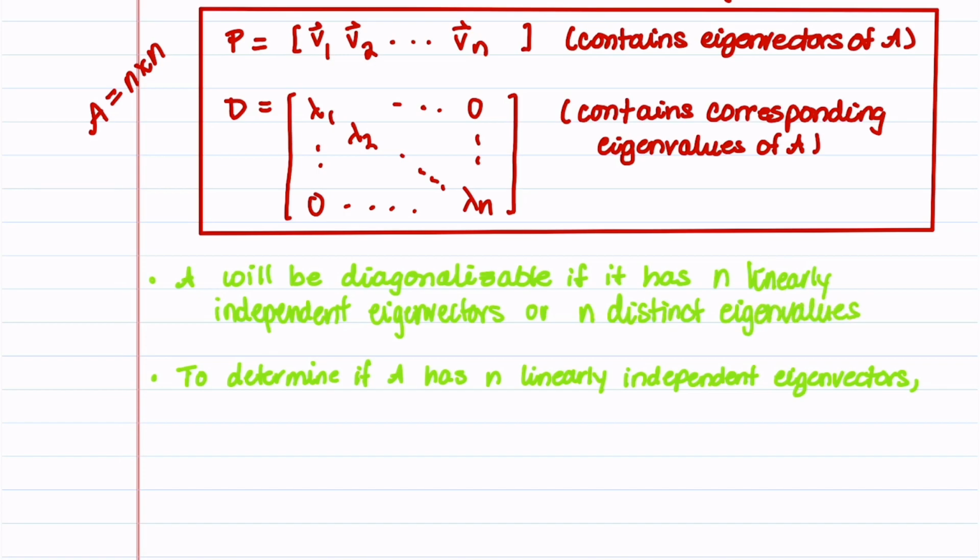So if we end up with n linearly independent eigenvectors or n distinct eigenvalues, we know that A is going to be diagonalizable. To determine if A has n linearly independent eigenvectors, we have to find a basis for each eigenvalue and count the total number of vectors obtained. So let's just write that as: and count the vectors.